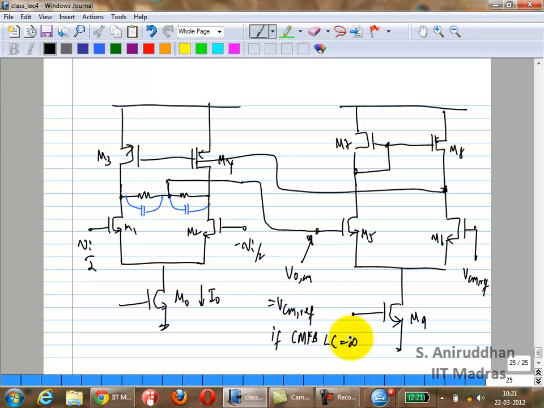So how do you make sure that this voltage is equal to VCM ref with no systematic mismatches? Random mismatch is a totally different thing, right? Okay, so if you want these two to be equal, what you actually need, what is the voltage here?